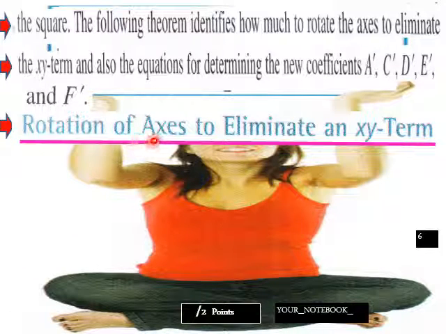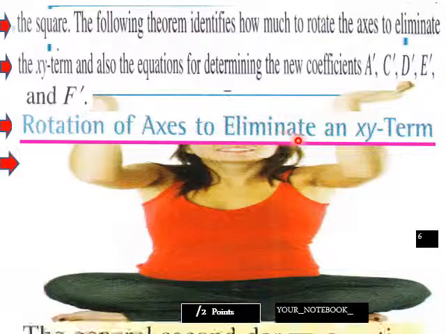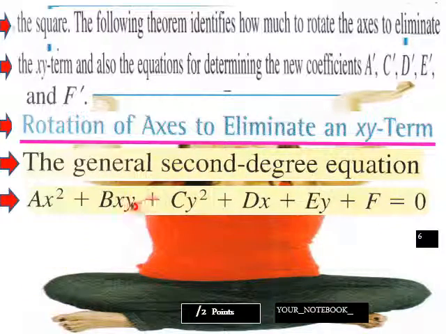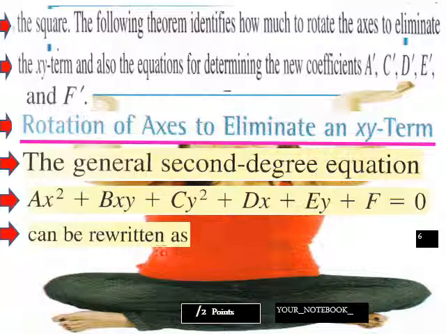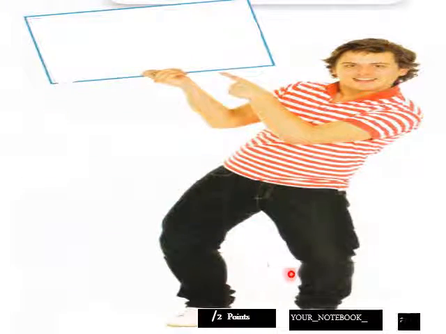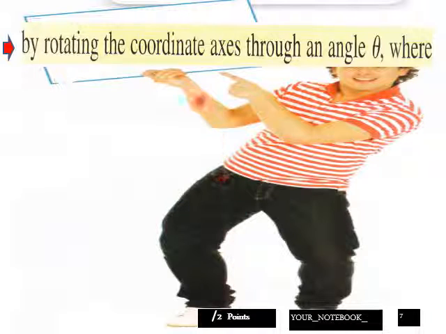Okay, so the rotation of axes to eliminate an xy term. The general second degree equation ax squared plus bxy plus cy squared plus dx plus ey plus f equals 0 can be rewritten as a prime x prime squared plus c prime y prime squared plus d prime x prime plus e prime y prime plus f prime equals 0. So that would be your new general form there.